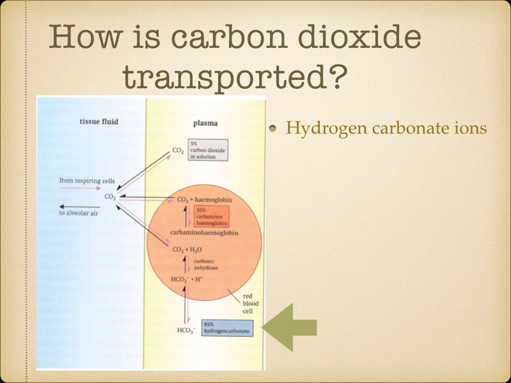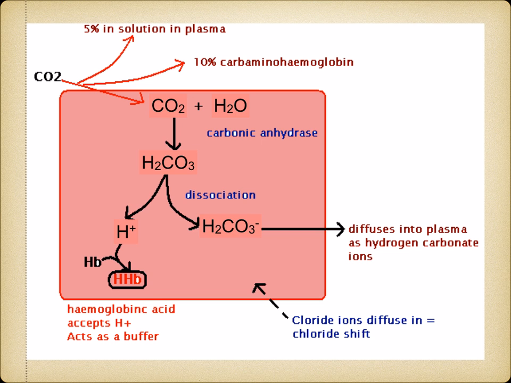About 85% of the total carbon dioxide is transported as hydrogen carbonate ions. Let's have a look at this reaction. Red blood cells contain an enzyme called carbonic anhydrase. This converts carbon dioxide and water into carbonic acid.